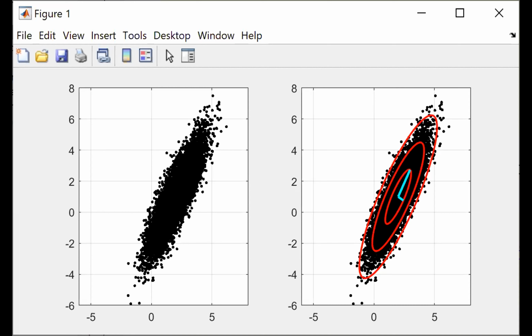Once again, I repeat. You have this blob, which is actually a data set. Why is this a blob? Because there is some randomness involved, so the data distribution is random. But please note, I performed the principal component analysis, and then plotted the first principal component, second principal component, and third principal component.